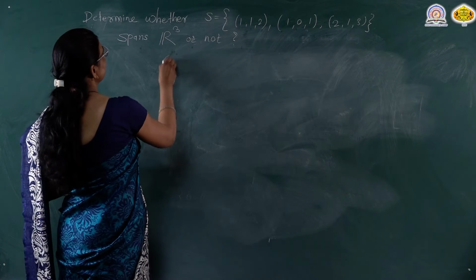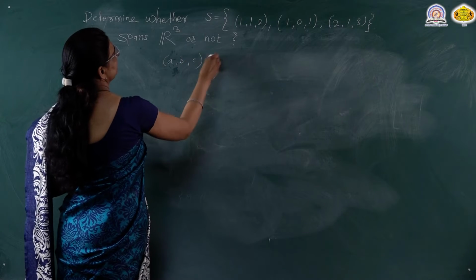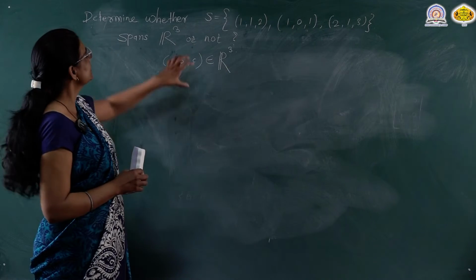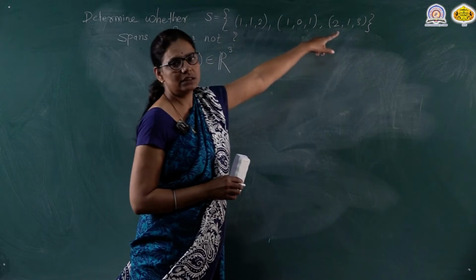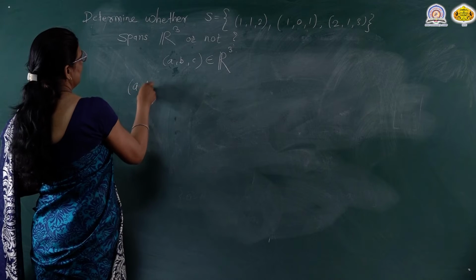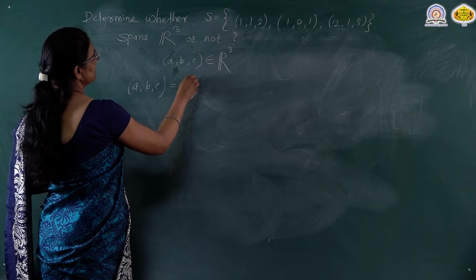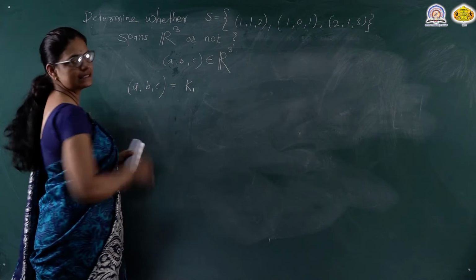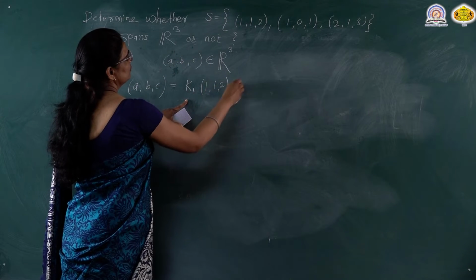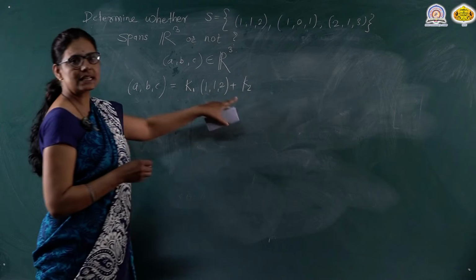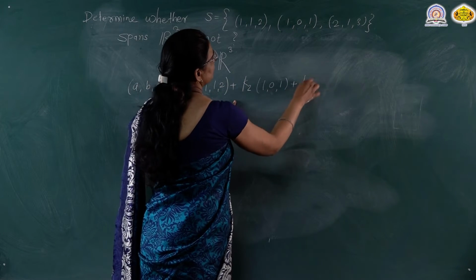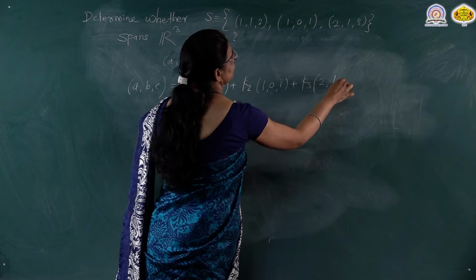Suppose we consider (A, B, C) to be an arbitrary vector in R3. Now express this vector as a linear combination of the given vectors in S. So write (A, B, C) equals some scalar K1 times the first vector (1, 1, 2), plus the second scalar K2 times the second vector (1, 0, 1), plus K3 times the last vector.